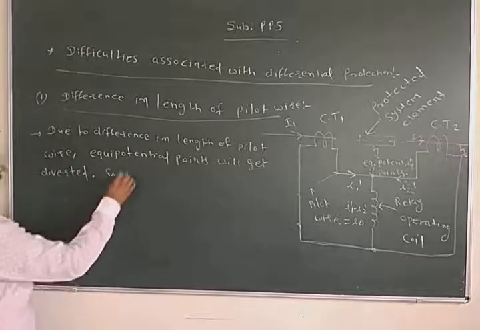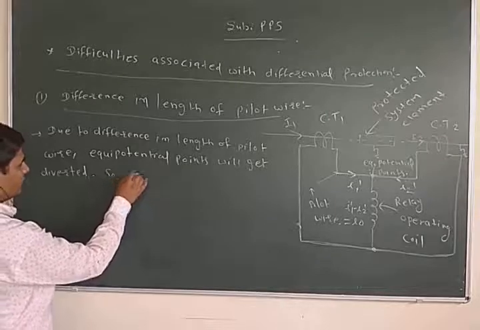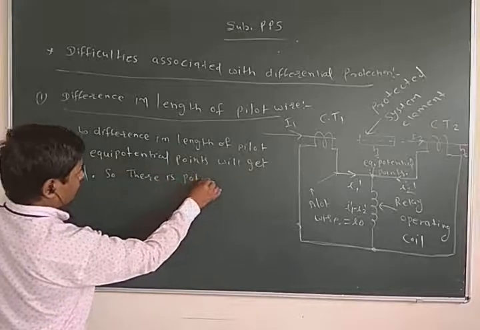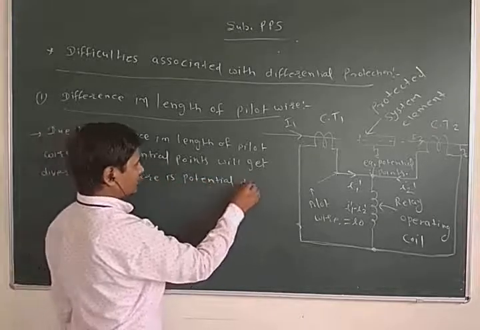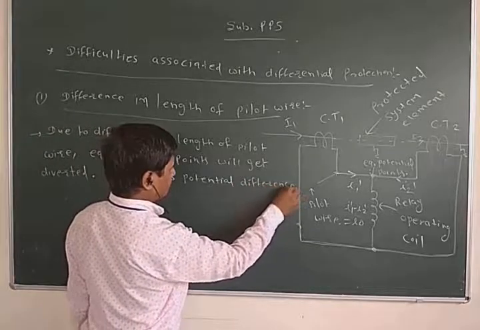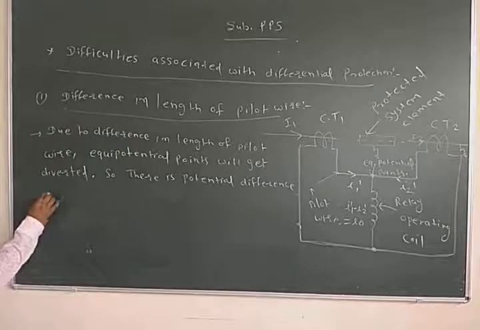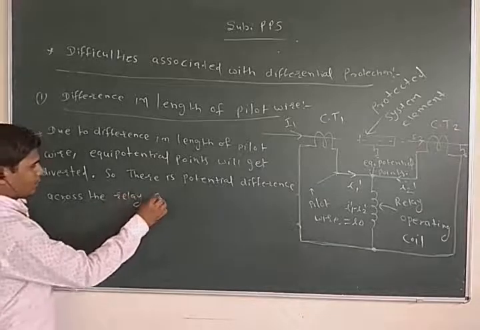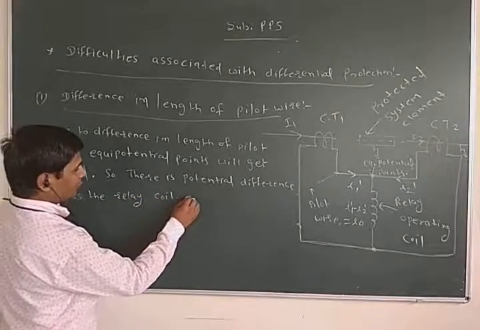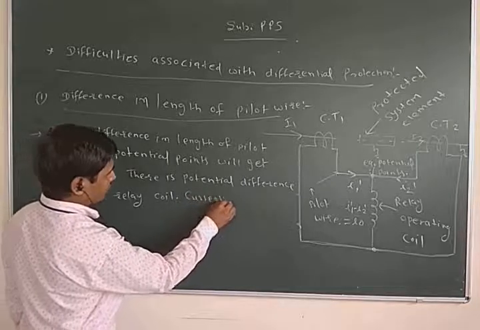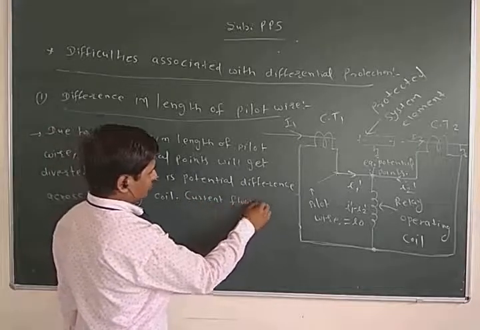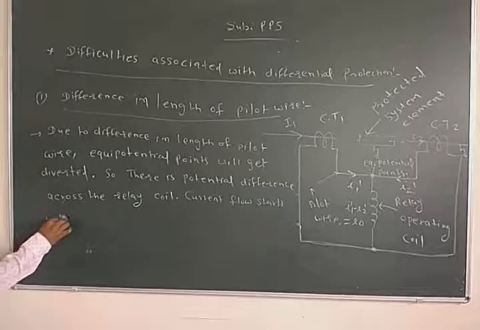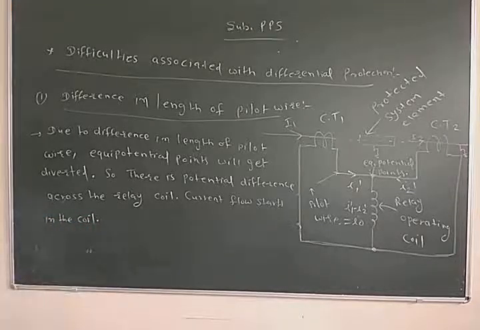So there is a potential difference across the relay coil, and current starts to flow in the relay operating coil.